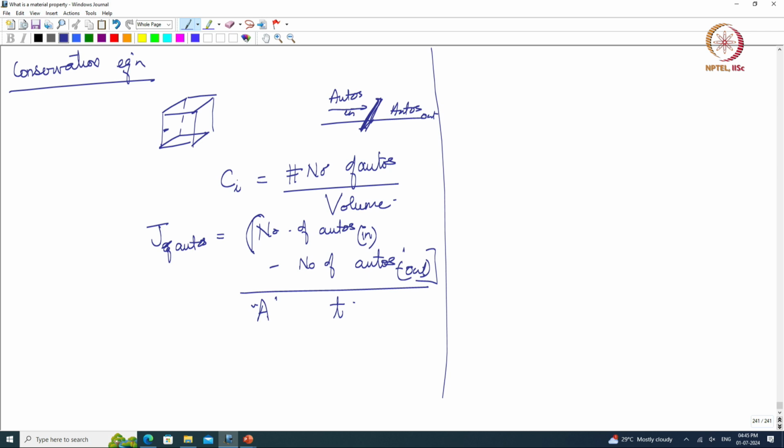Right. So, this is the number of particles per unit time per unit area. So, that is the number of autos that are coming in minus the number of autos that are going out.